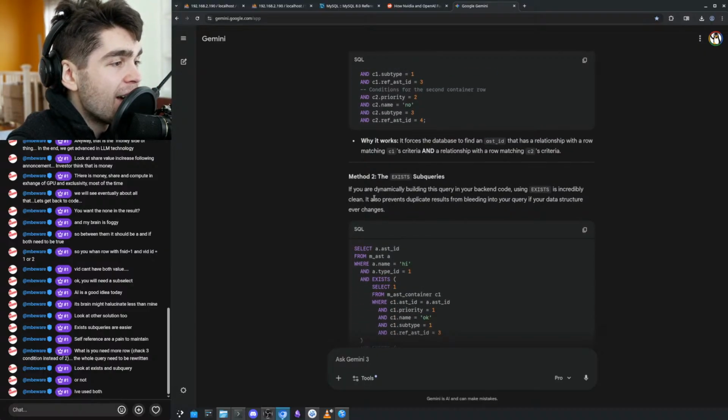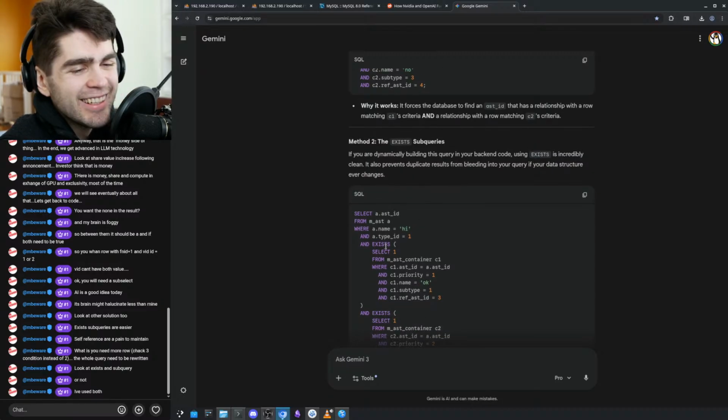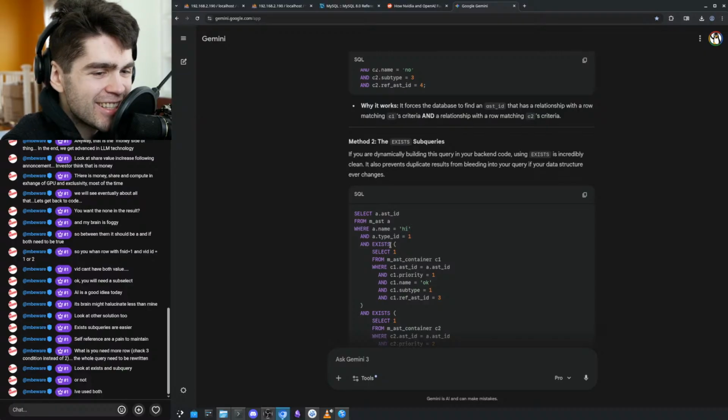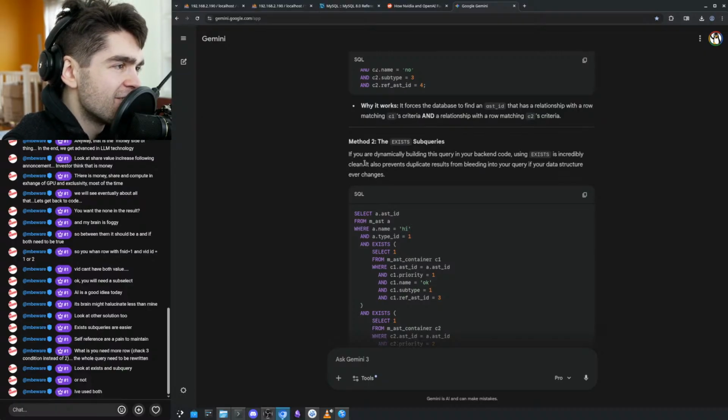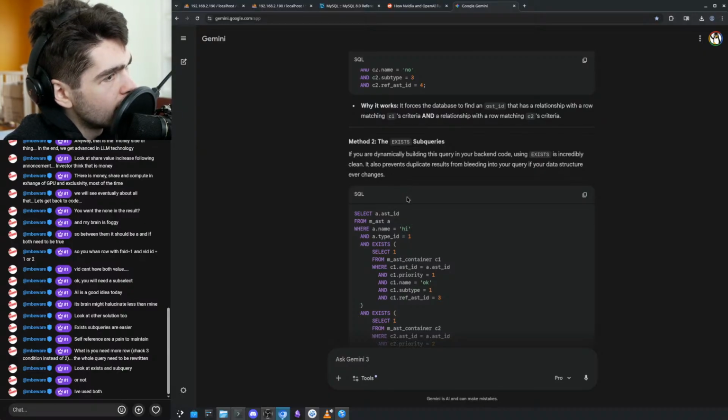If you are dynamically building this query in your backend code, using exists is incredibly clean. That's okay. Now I see why. Even the AI is glazing this one. It also prevents duplicate results bleeding into your query.